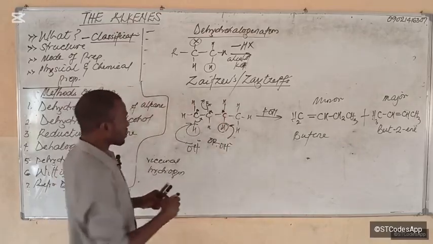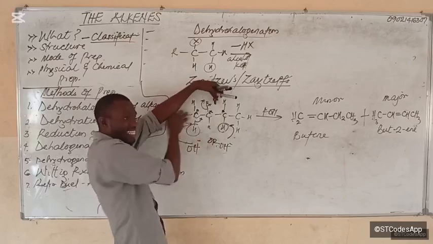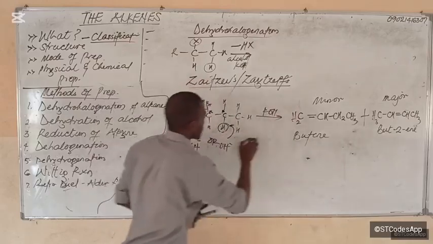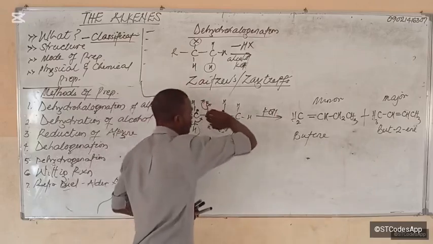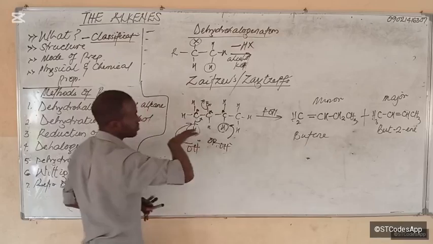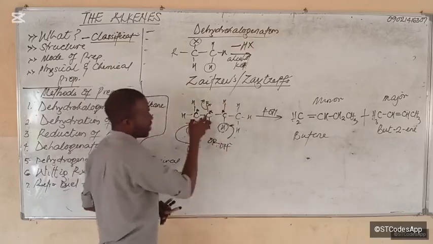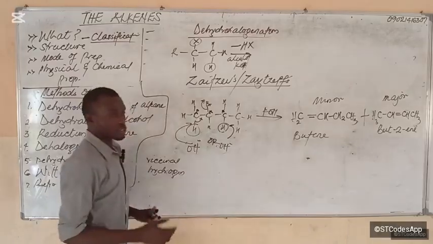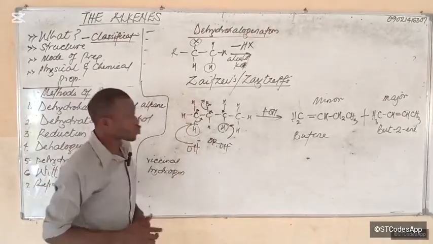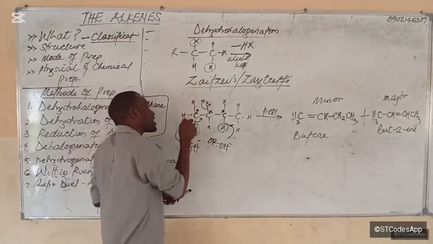So this one is substituted by an ethyl and a methyl, and then two hydrogens. But for this one, we have only a propyl, and the rest are hydrogens. So it is least substituted. So we call this beta carbon a primary carbon.